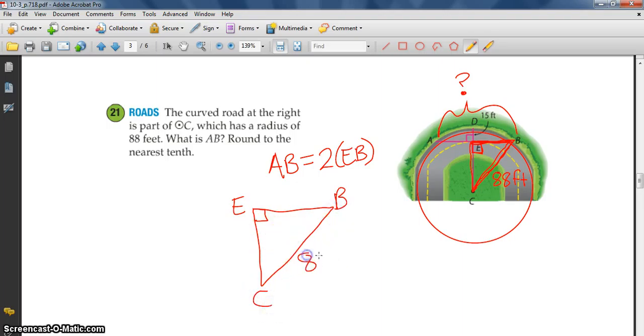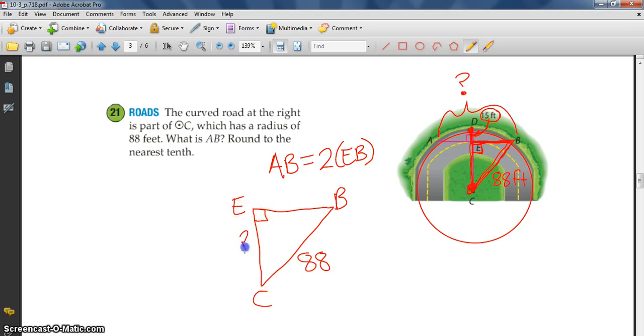We know that our radius is 88. Let's see, what else? We also know that this small piece, DE, it says is 15. Well, our radius is also DC.